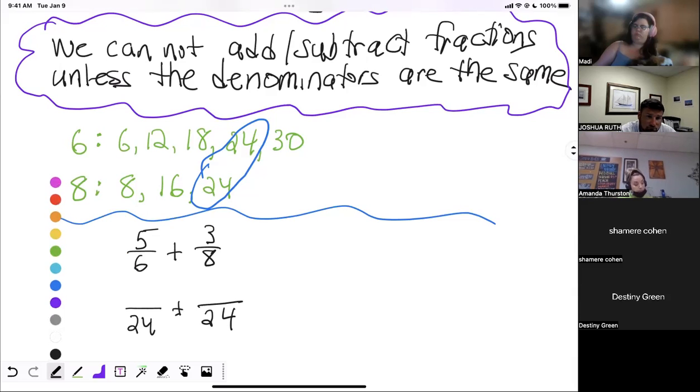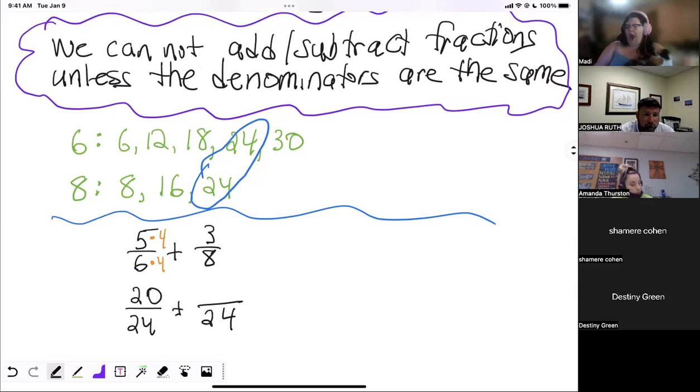Well, what number do I have to multiply 6 by to get 24? 6 times 4 is 24. Whatever I multiply the denominator by, I have to multiply the numerator by. So my new fraction, instead of 5/6, I'm going to have 20 over 24.